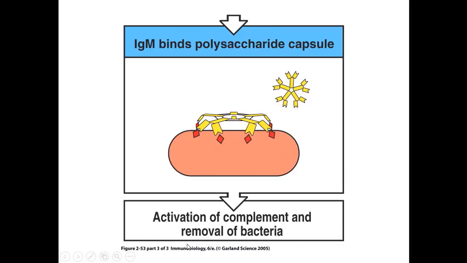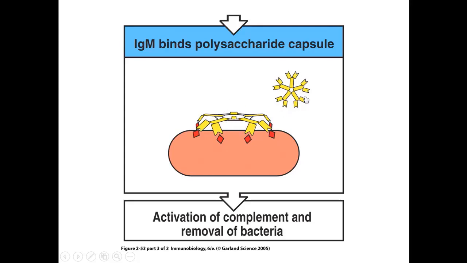For IgM, because IgM is pentameric, there are 5 Fc regions in one molecule. Then C1 can easily bind to 2 CH or Fc portions of the IgM.